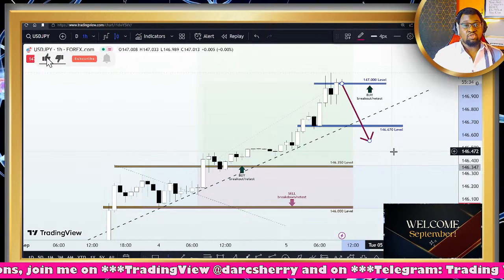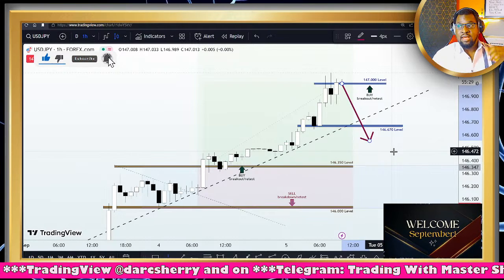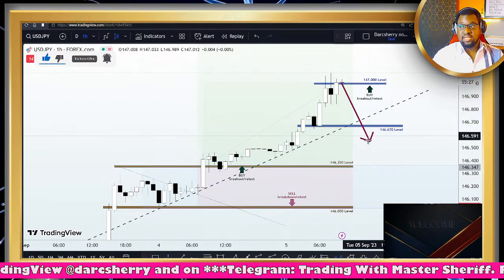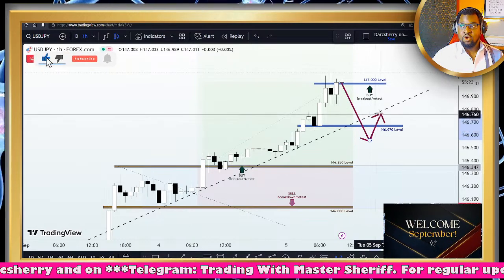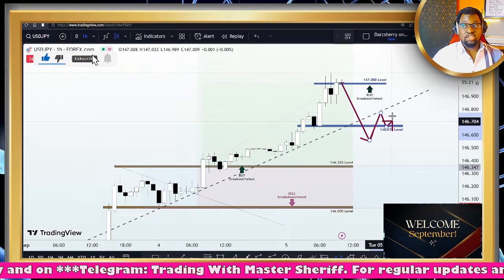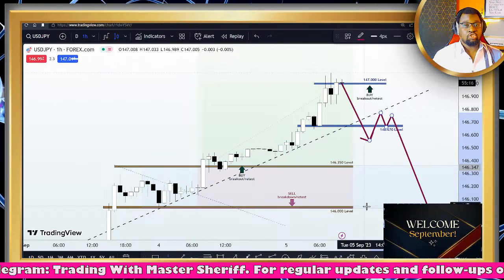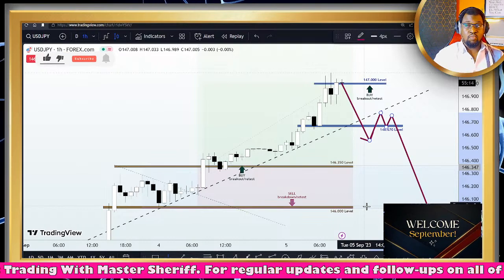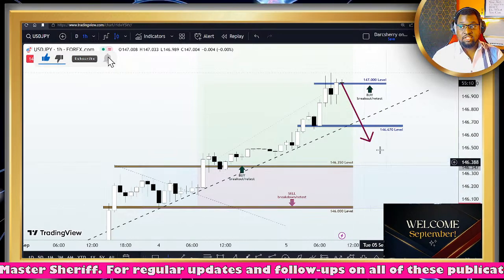The breakdown there could still turn out to be a false breakdown, so we really need a confirmation to happen. And of course, this would reflect on the chart as a retest of either the 146.670 or the ascending trend line, where the continued selling pressure below the structure will be all we need to be part of a bearish momentum.